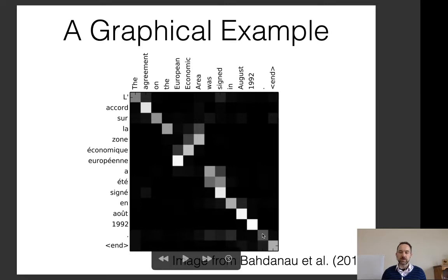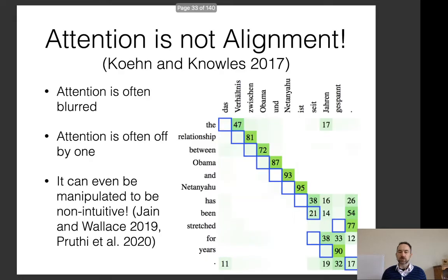For example, here, when we have a period, we would expect that the period and period would be strongly aligned because they're obviously translations of each other, but that's not necessarily the case. Basically what attention does is it pulls in any information that would be useful in translating the next word.